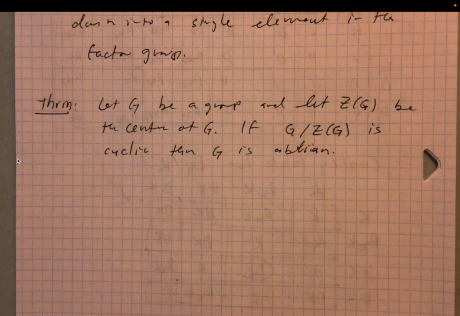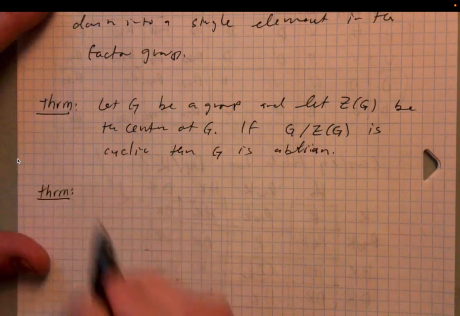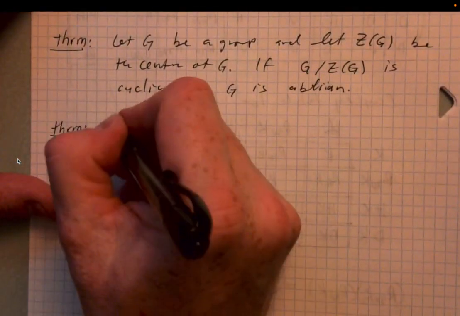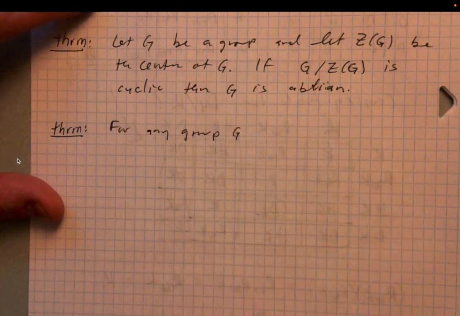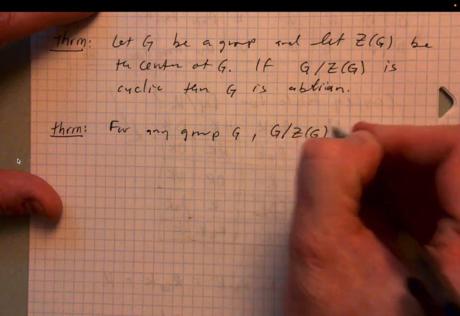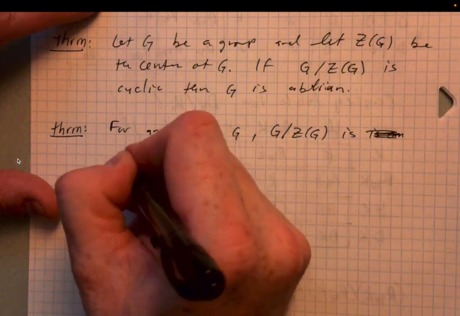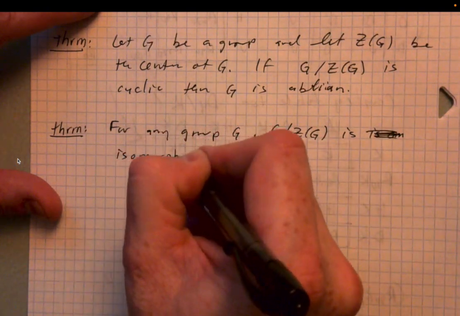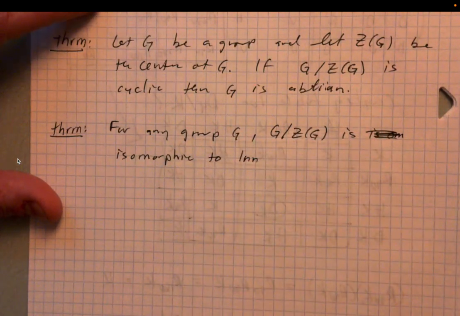Okay. Here's another one. For any group G, G mod ZG is isomorphic to Inn G, right?